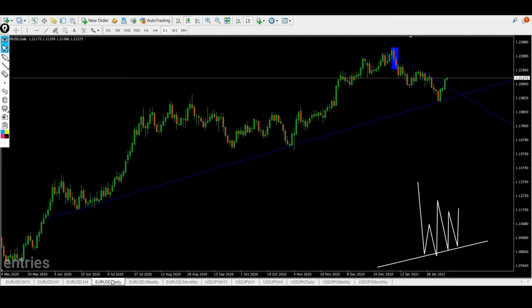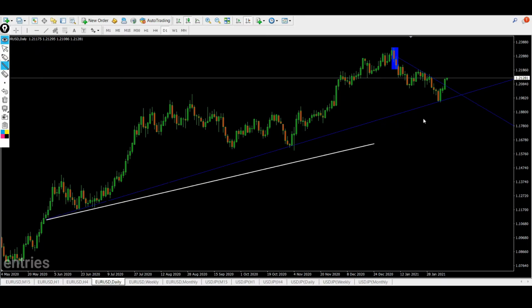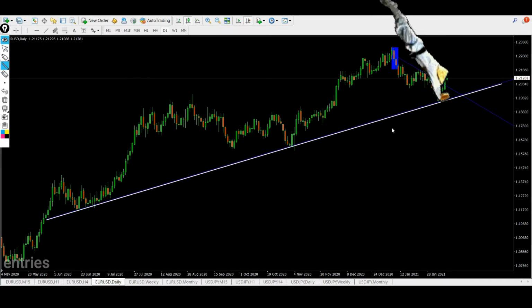Now one other thing we're looking at, going back to the daily chart, is that if this trend line gets broken out right to this pivot, we could still have possible long entries below that, for example from this pivot to this pivot.